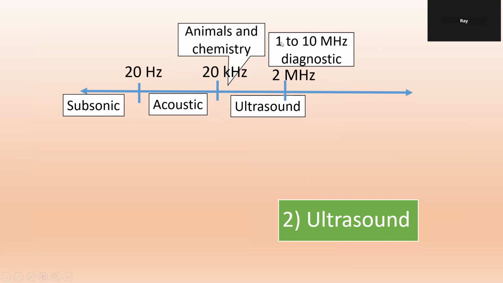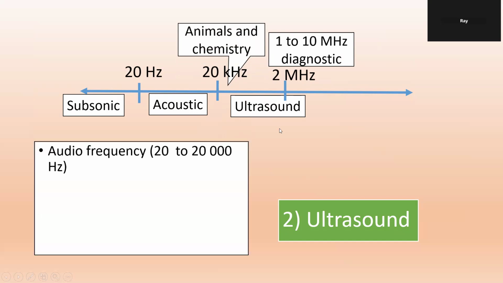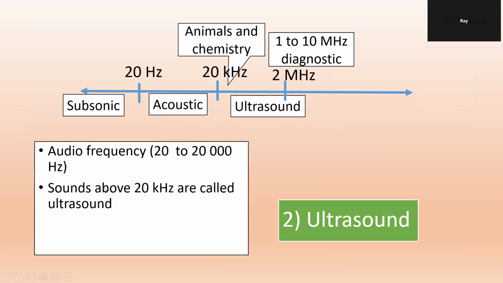So 1 to 10 megahertz, diagnostic purposes. We use it for diagnostic purposes. Audio range, that means we can hear the sound, is 20 to 20,000 hertz. Sound above 20 kilohertz is called ultrasound.